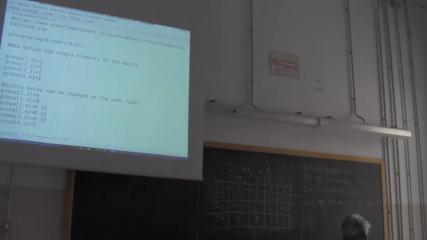So when I go to 3.2, if I put a 7 here, this should be inconsistent, because I am putting landscape more important than fishery. So I think this matrix is inconsistent.